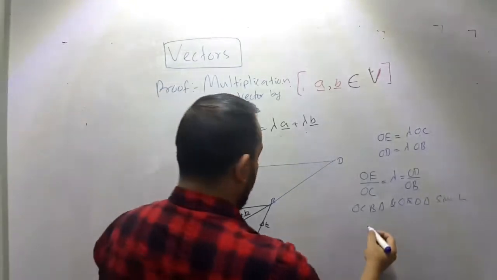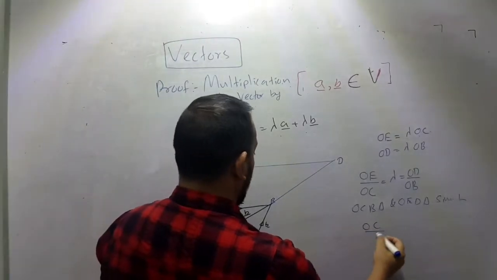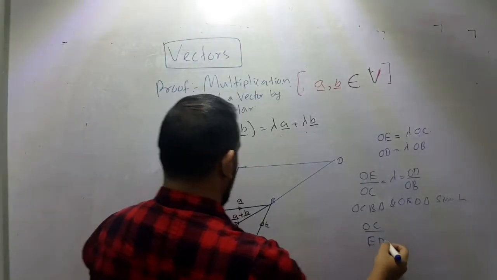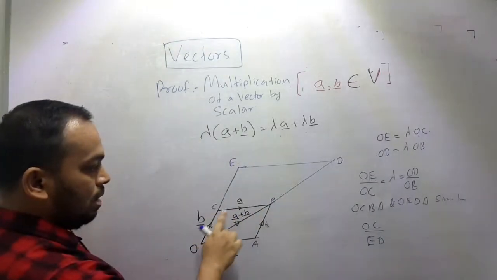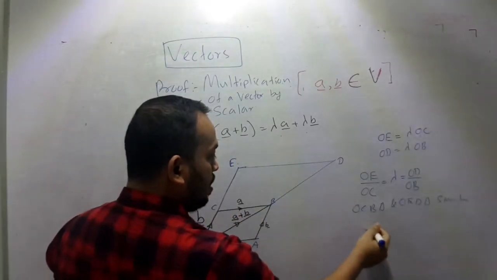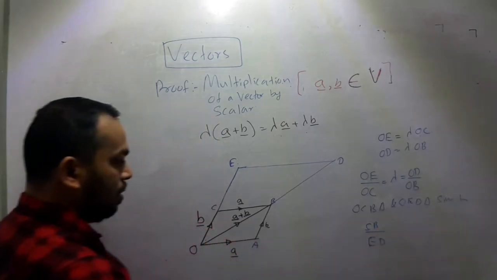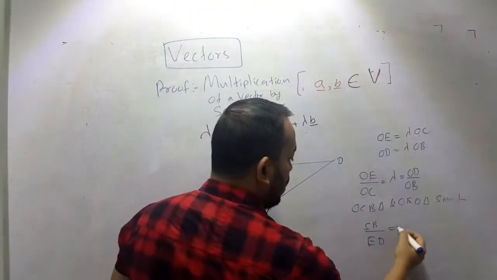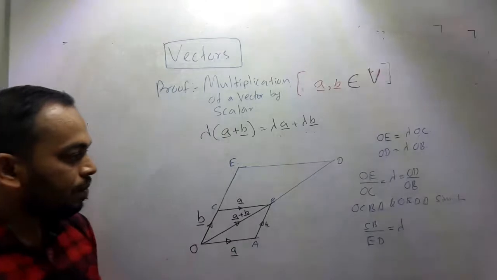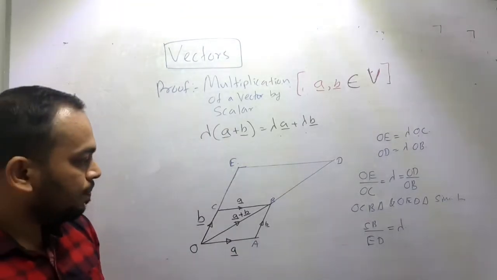So we can imply that CB divided by ED is also equal to lambda. This is what it implies, right?